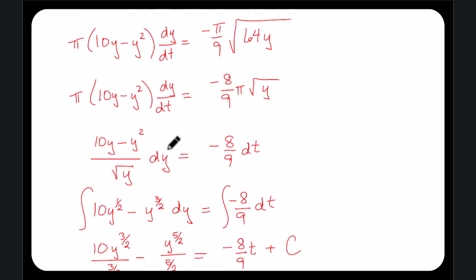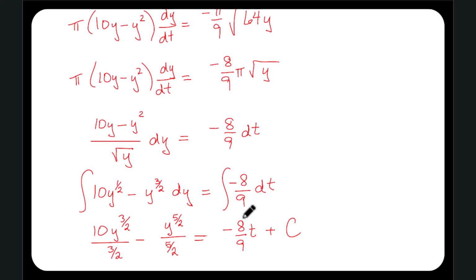Now at this point, when you get your y's together for separating the differential equation, I've got y squared over y to the 1/2. So when you subtract the exponents, you get y to the 3/2. All right, and as we're working away here, the pi's went away because they canceled on both sides.